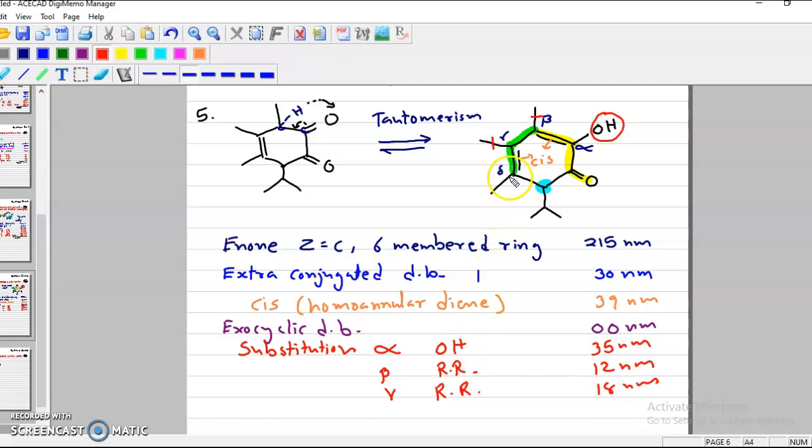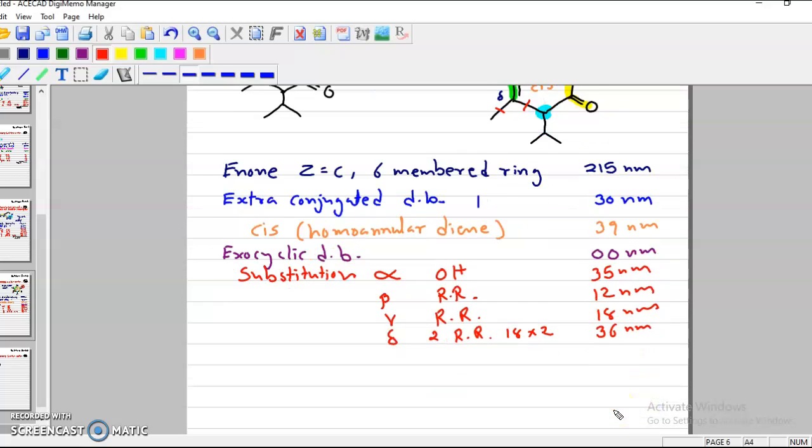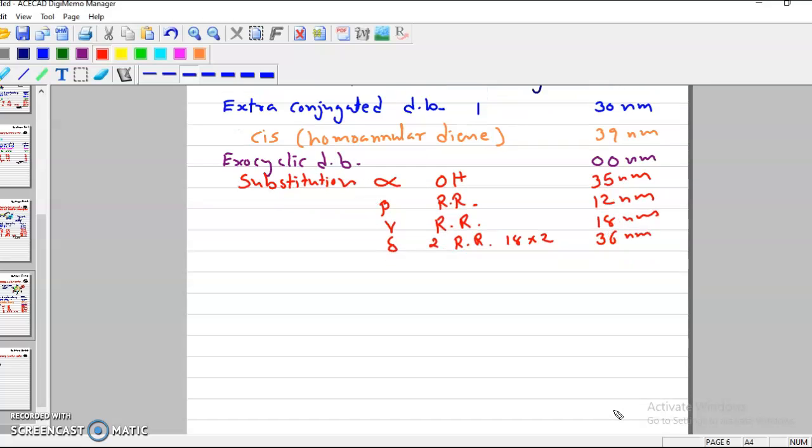Next is delta carbon, and there are two ring residues at the delta carbon. So when there are two ring residues at delta carbon, for each one we will put 18. So 2 into 18 will be 36 nanometer. Okay, so this way we have kept this one. Now one more thing. Here we have not mentioned what solvent is used.